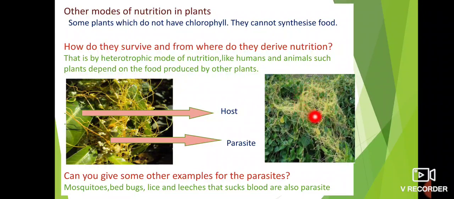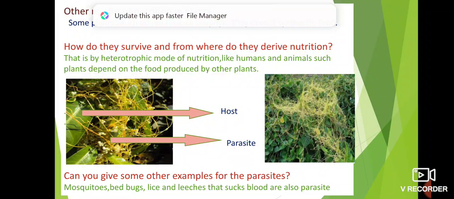That's why this plant obtains food from this green plant. The green plant which gives food is called host. The yellow colored plant which gets food from the green plant is called parasite.